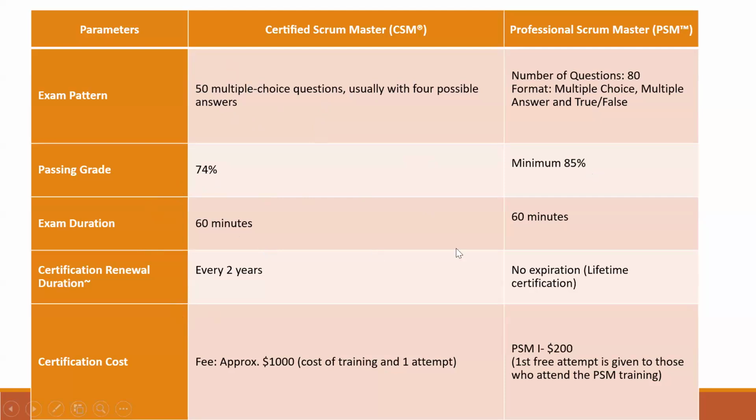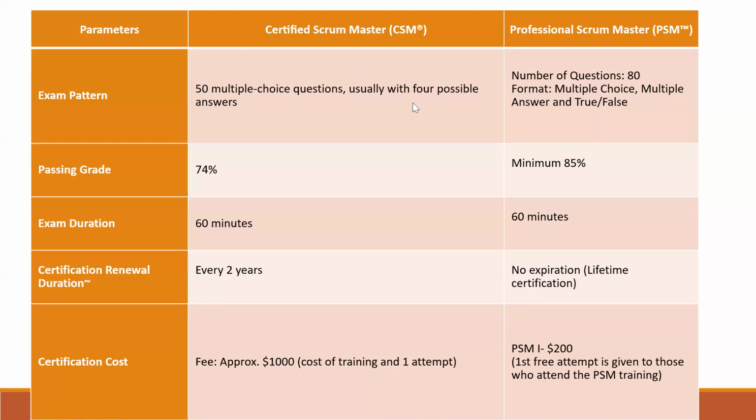The very important thing that I really stress is the certification renewal. Once you do the PSM, it has no expiry. It has lifetime validity. But if you take CSM, it expires every 2 years. That's one of the disadvantages that I see here.